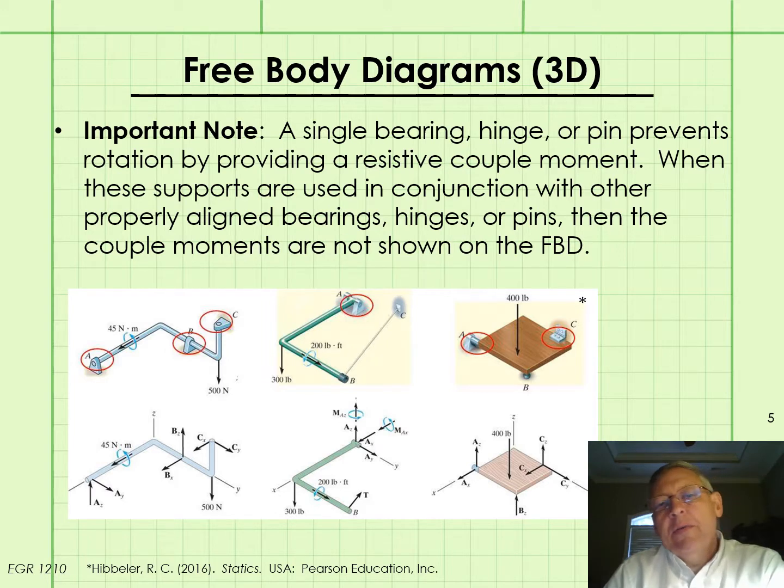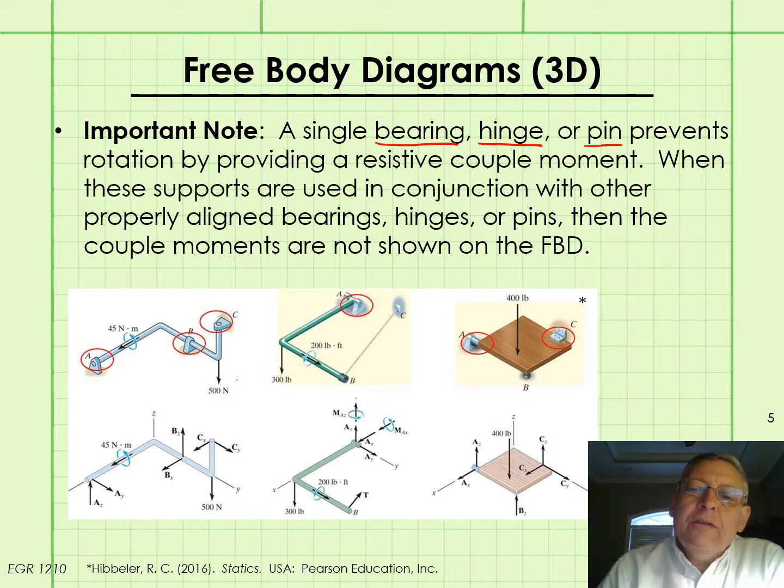An important note regarding 3D free body diagrams involves the journal bearing support and the hinge support that we discussed on the previous slide, as well as a pin support, which we didn't discuss previously, but is very similar to a hinge. And each of these supports allows rotation of the rigid body about a single axis.